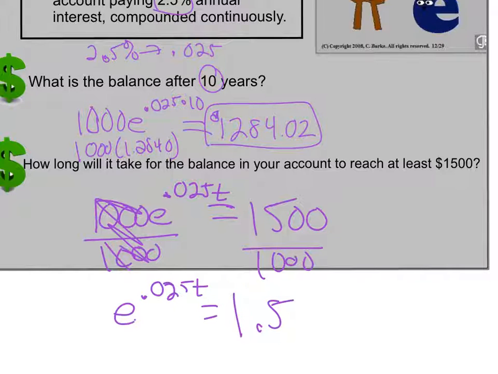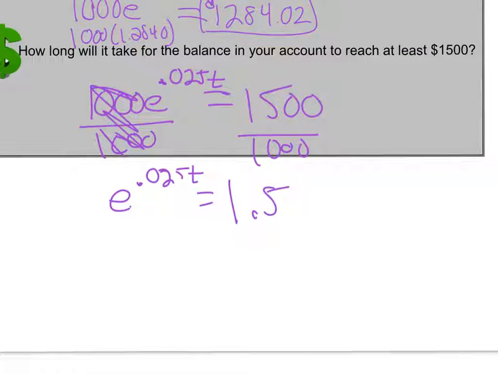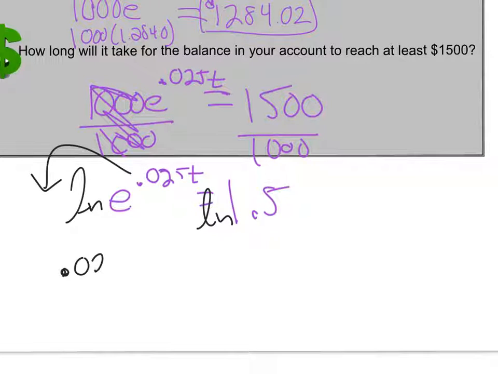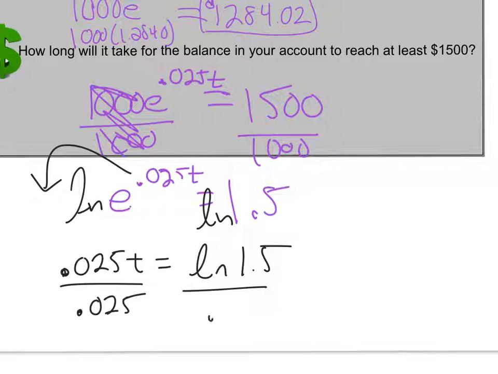So now I want to take my natural log and work with that. So I'm going to do natural log, natural log. I'm going to bring this out front. So I'm going to have 0.025t equals the natural log of 1.5. Then I'm going to divide that by 0.025.